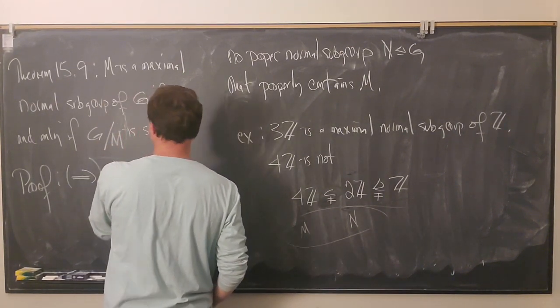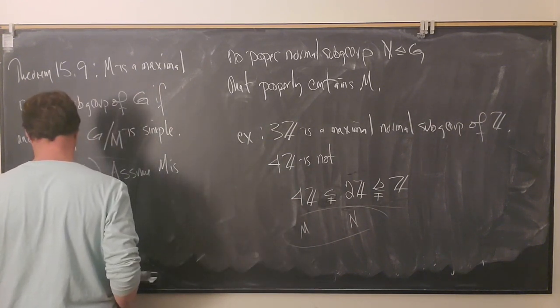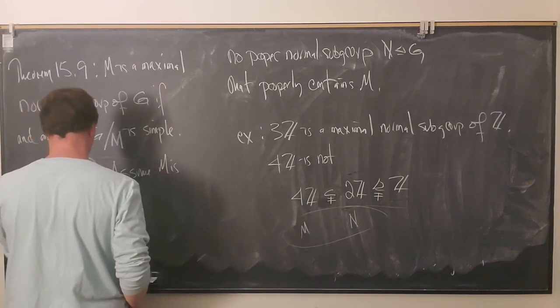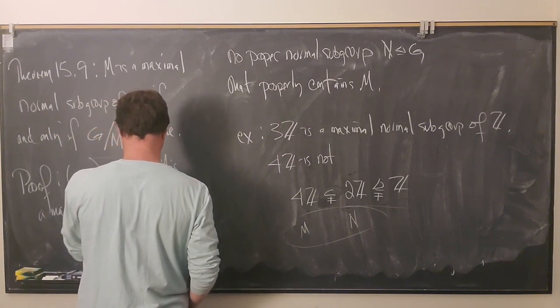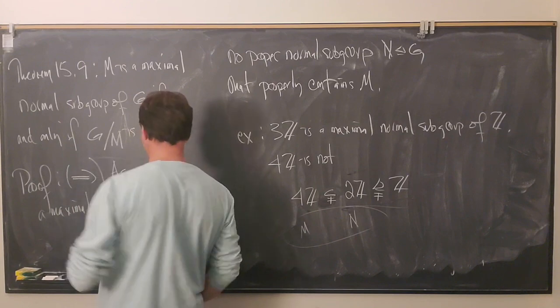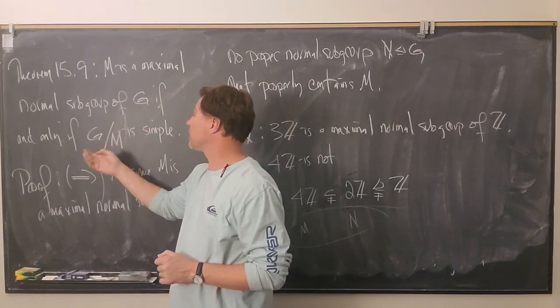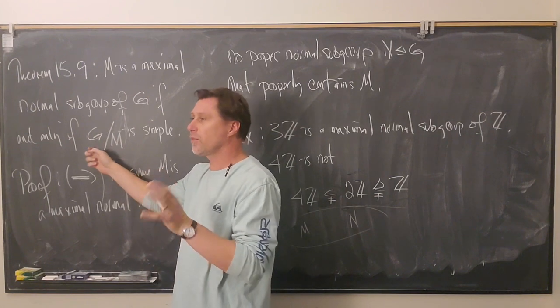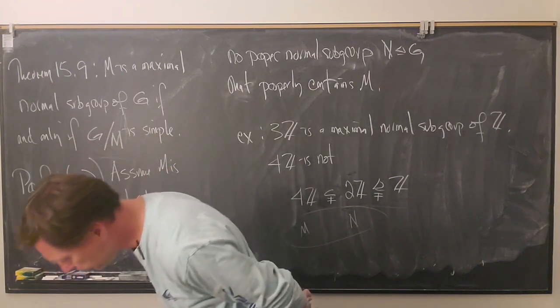So let's assume M is a maximal normal subgroup. And now our job is to show that there are no non-trivial proper normal subgroups of G mod M.